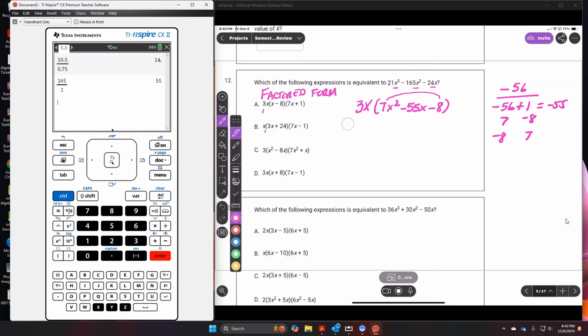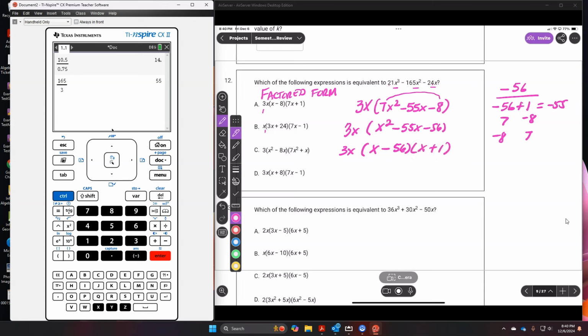So what you have is, you had originally 3x. Now you have what we just finished taking out the 7. So you have negative 56. So now what you have is 3x, and then the first factor is x minus 56 times x plus 1.